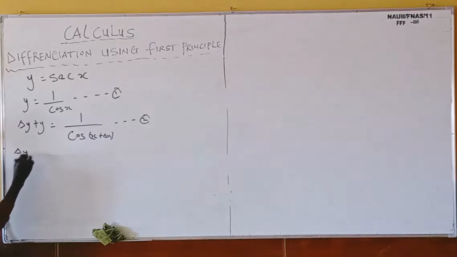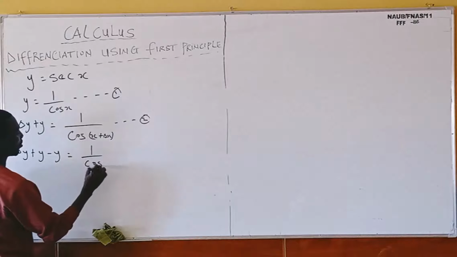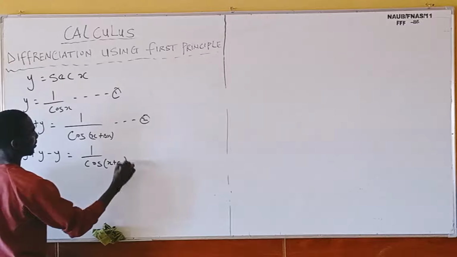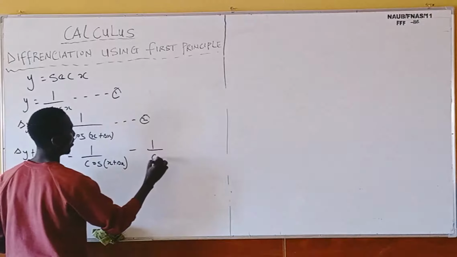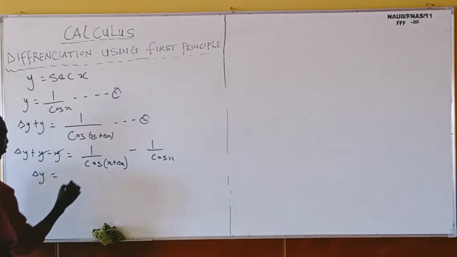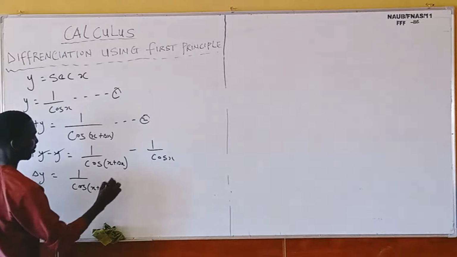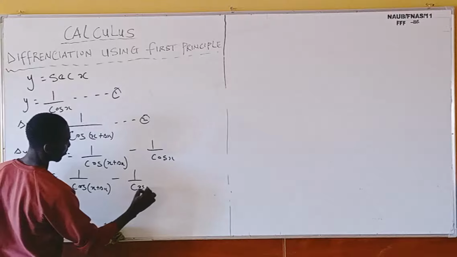So change in y plus y minus y is equal to 1 over cos(s plus change in s) minus 1 over cos s. So you see y cancels out y. Then we'll be left with change in y equal to 1 over cos(s plus change in s) minus 1 over cos s.